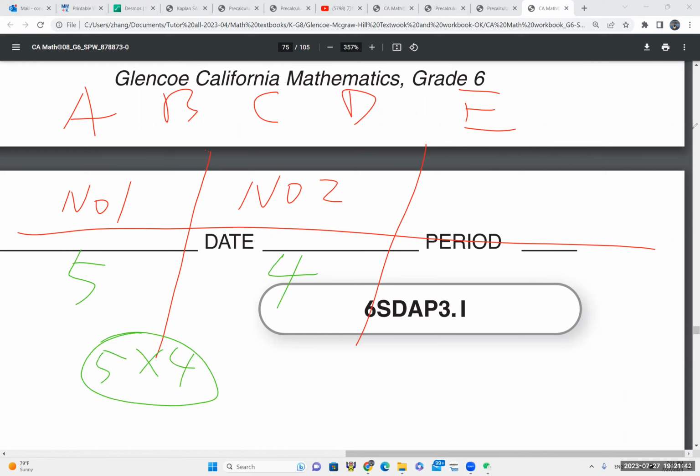For example, if A takes number one, then number two can be B, C, D, or E, so there are 4 cases. When B, C, D, or E takes number one, each also has 4 cases. So 5 times 4, that's why we have a total of 20 different outcomes, right?